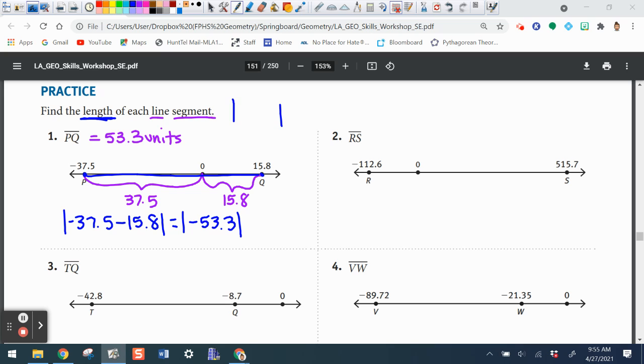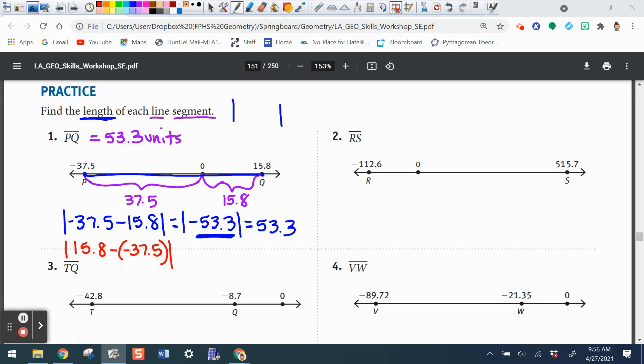Now, most of you learned that when you see absolute value, you just make it positive. That's because what we're really asking is how far is this number from 0? Well, since distance can never be a negative value, negative 53.3 is 53.3 units from 0. Now, some of you might be asking yourself, what if you find the distance from Q to P? So start at 15.8 and subtract negative 37.5.